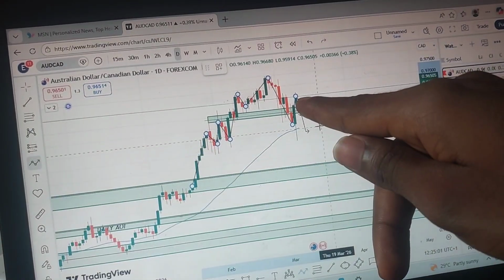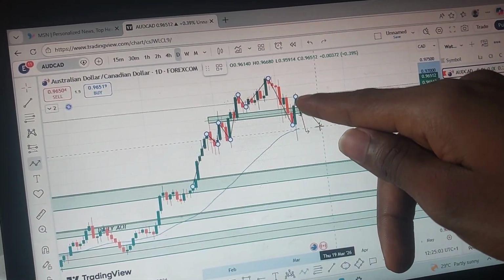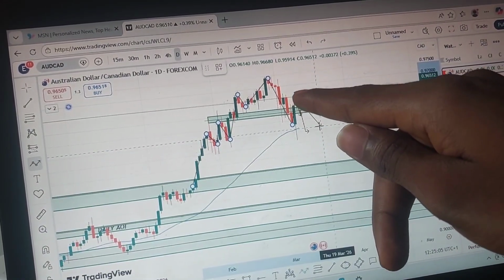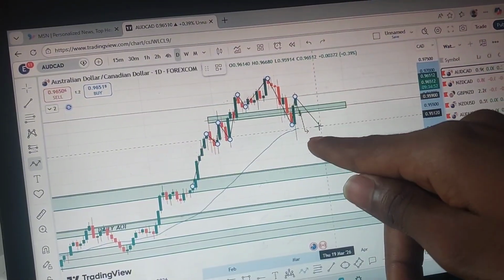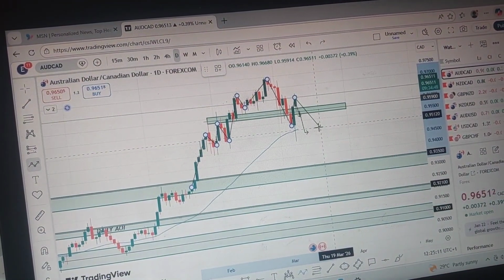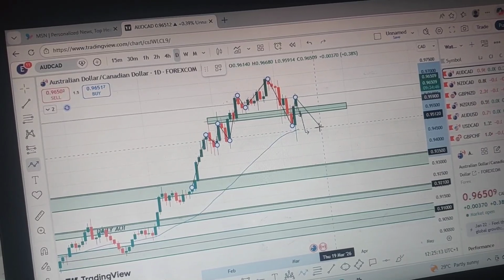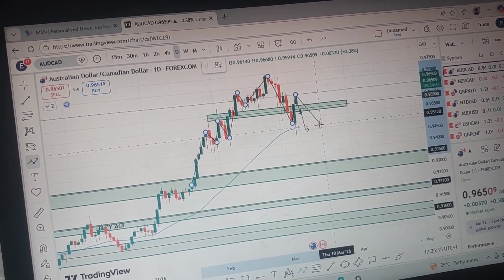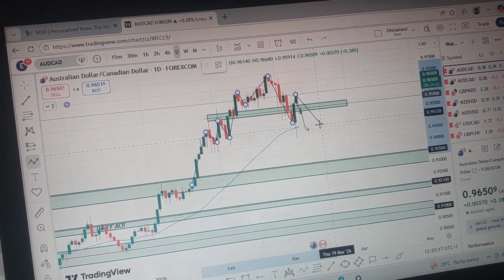Then this becomes a new lower high, and this is what is going to push the market to create a new lower low. I'll be discussing this in my next video, teaching you guys market structure. Just comment what you want me to teach, and I'll teach it.